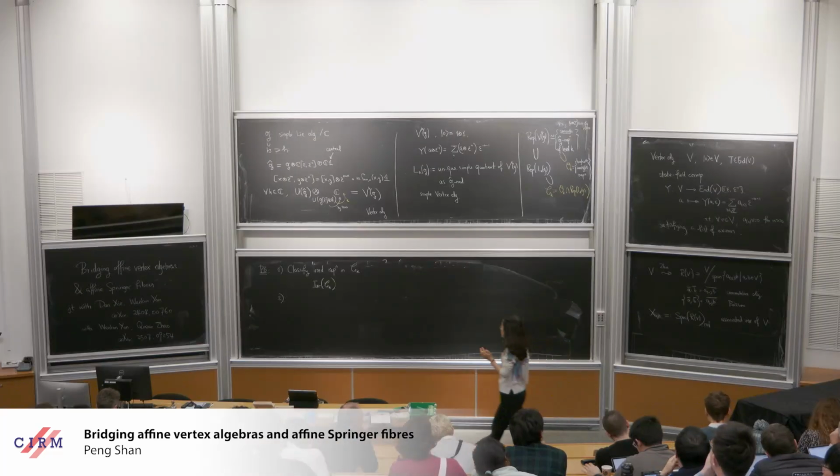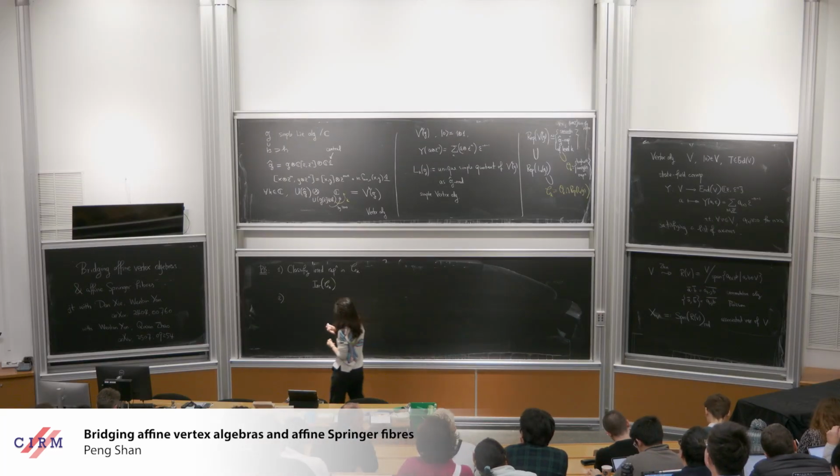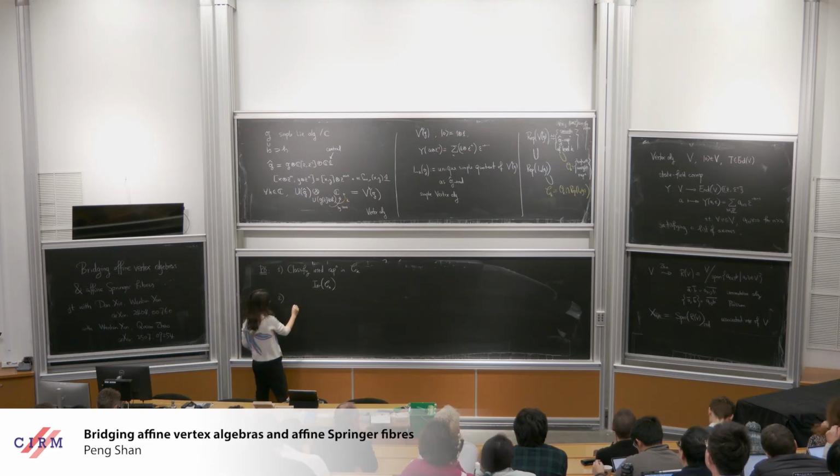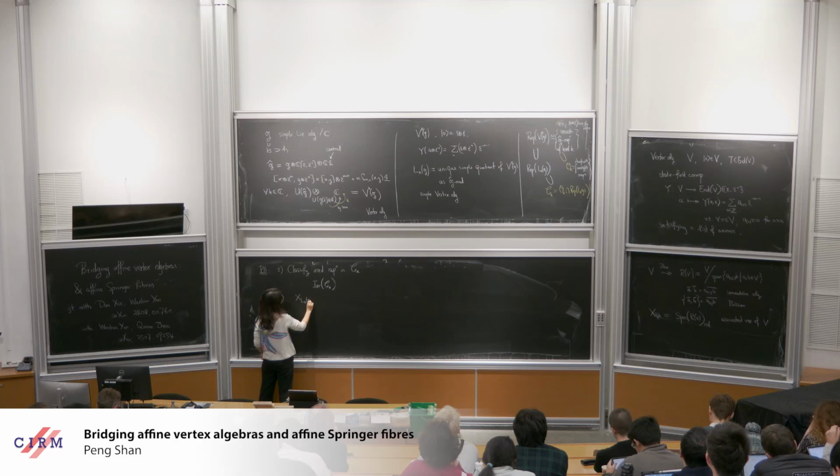So this is an important invariant of a vertex algebra, and you would like to understand what it looks like for this L_kG.